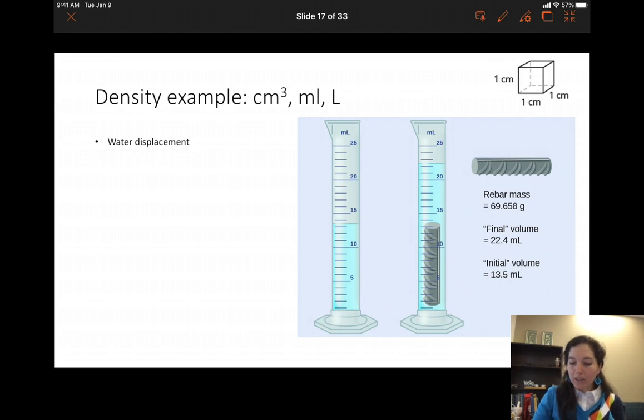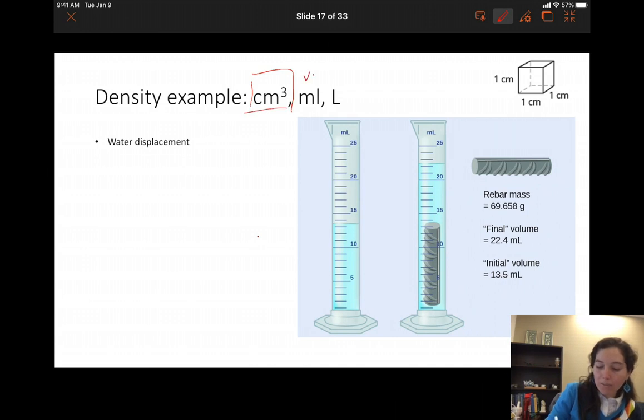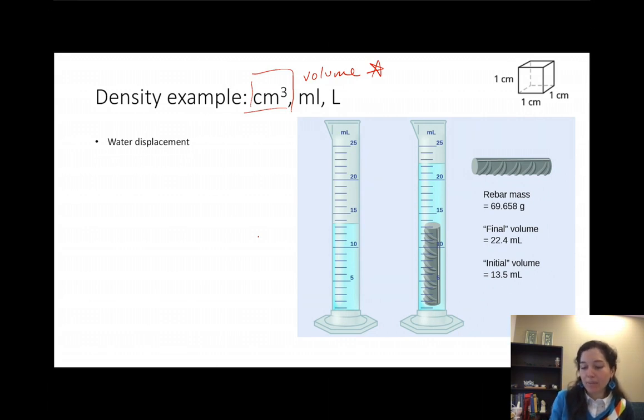Now, one unit that you may see that might be a little confusing to you is the centimeters cubed. This is a volume. I want to emphasize that. The way this is a volume is because of this explanation right here that we're going to go over.